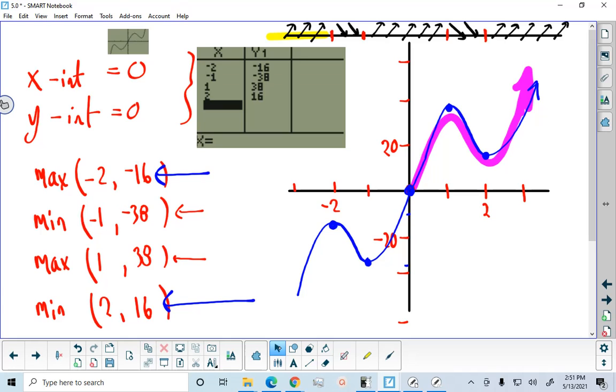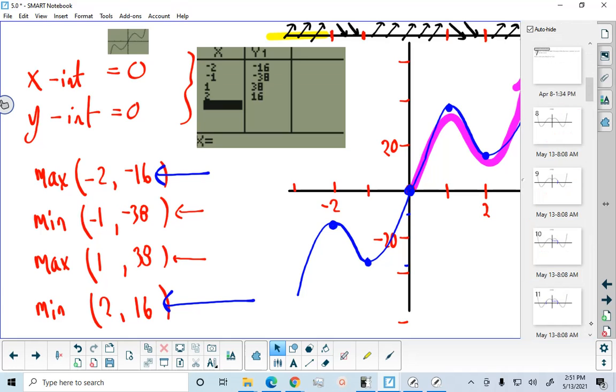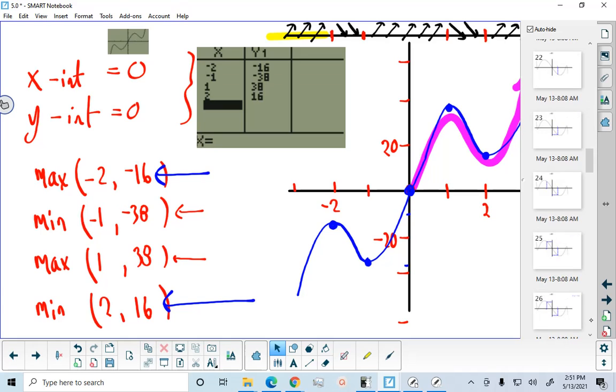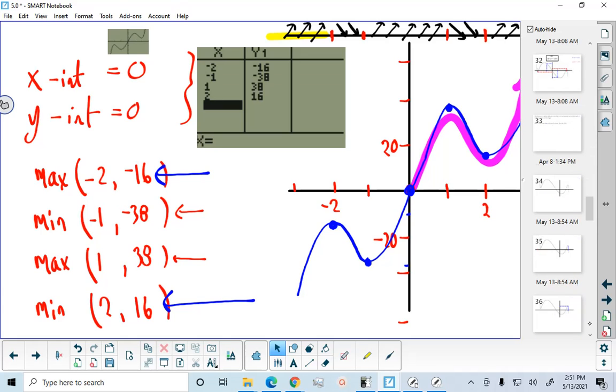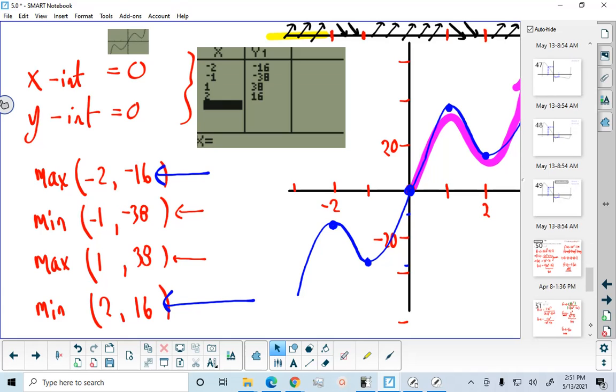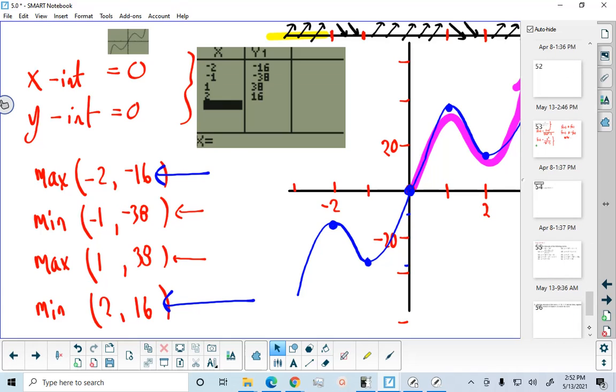So when I said to you earlier, you're going to have to do a lot of stuff, knowing symmetry will allow you to cut some corners, will allow you to take some shortcuts. So that's it for symmetry.